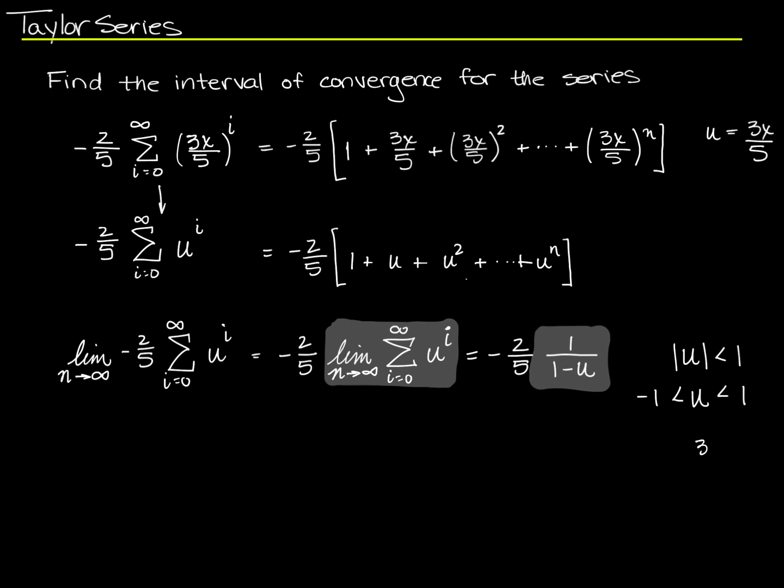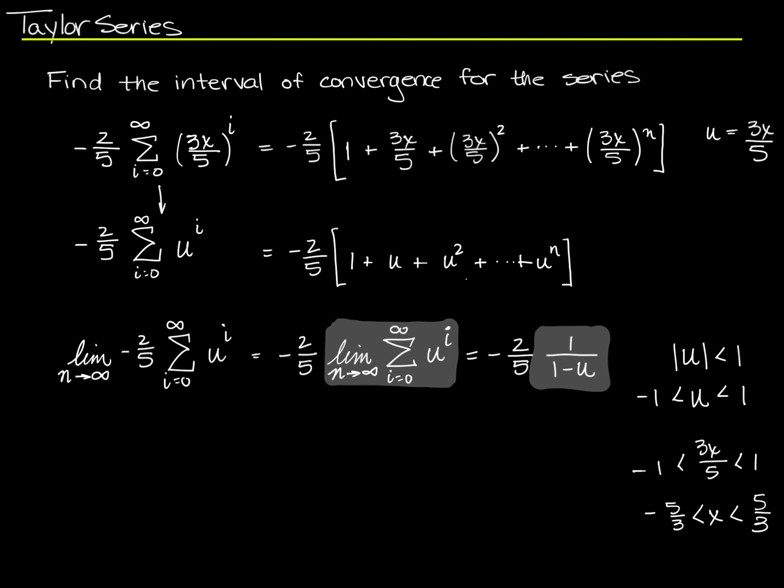Well, u is 3x over 5. So let's back substitute. We get this statement. Multiplying both sides by 5 and dividing both sides by 3, I get negative 5/3 is less than x is less than 5/3.